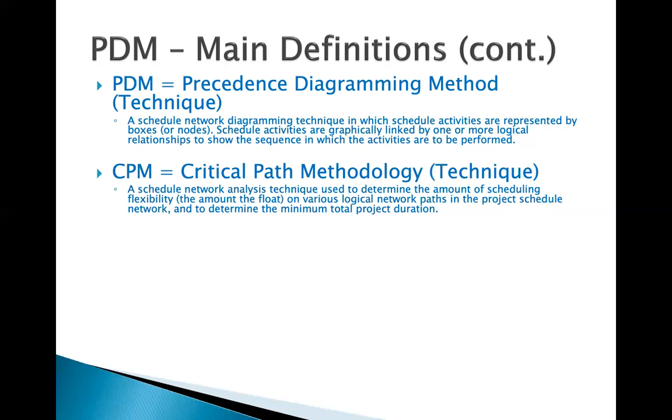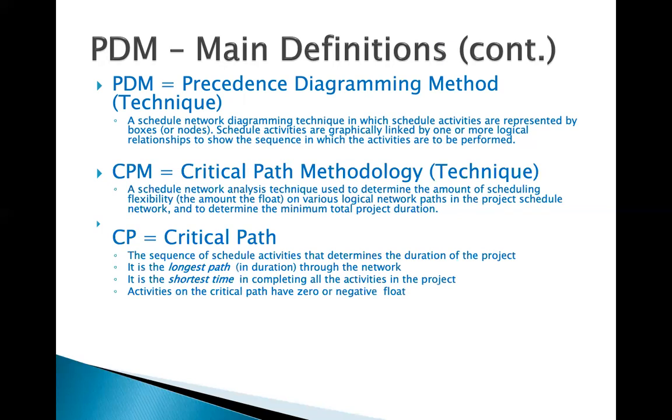What is that, Lisa? Thank you for asking. First of all, the critical path methodology or technique is an analysis that we do in order to determine the amount of scheduling flexibility, which is the float, for the logical network paths in the project schedule network.